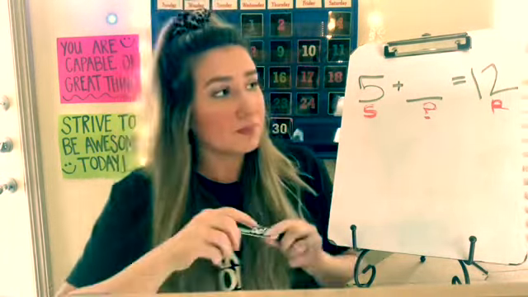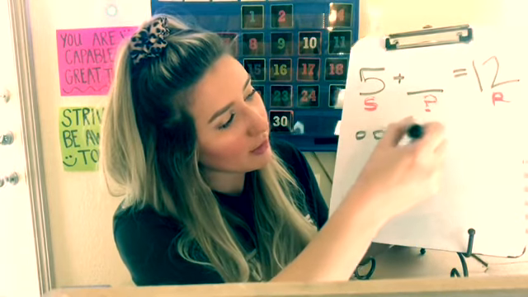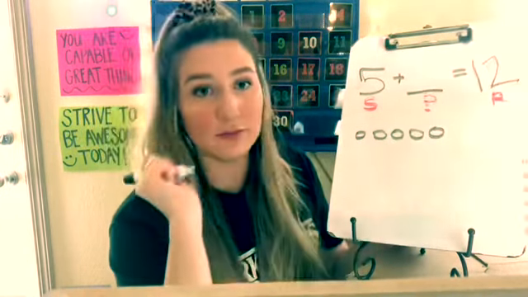So if I have 5 and I'm trying to get to 12, what can I do to get there? Count on. I hope that's what you said. Count on. So I know I started with 5. So we can draw out 5 circles, right? We could go 1, 2, 3, 4, 5.